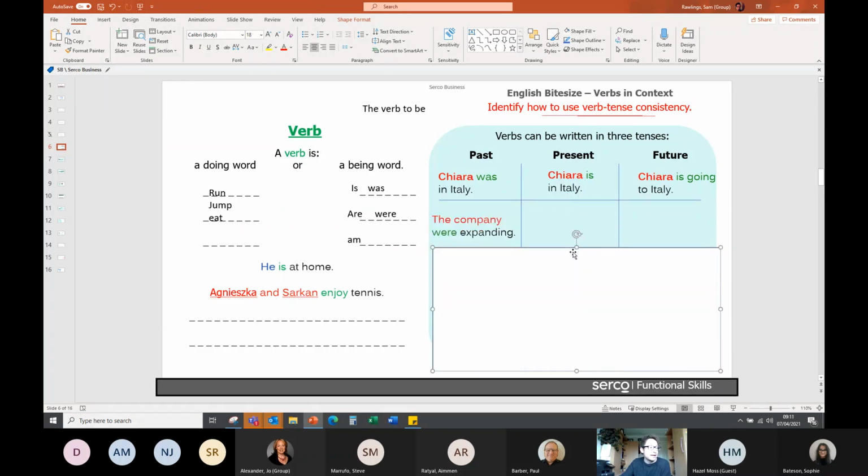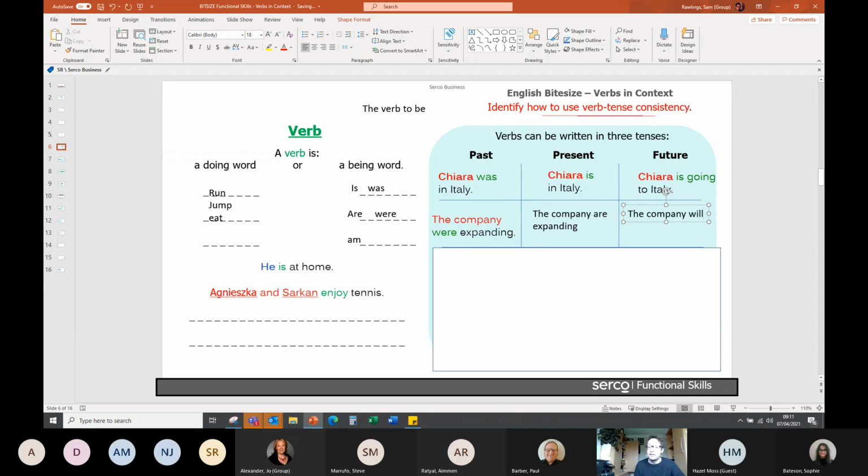Let's just have a look at this next one here. So the company were expanding. How would I write that in the present? Exactly, Stephen Hazel. Yeah, spot on. So the company are expanding is what you would write in here. And how would I write that in the future? Yeah, actually a couple of ways to do it.